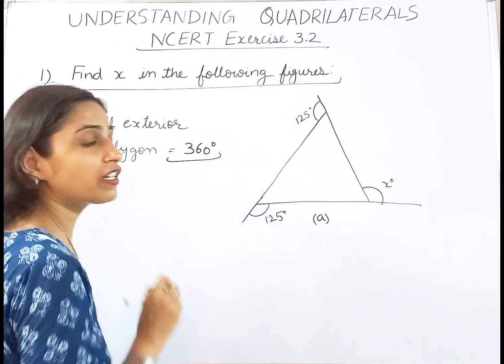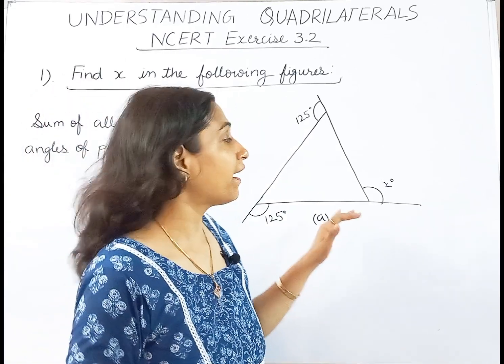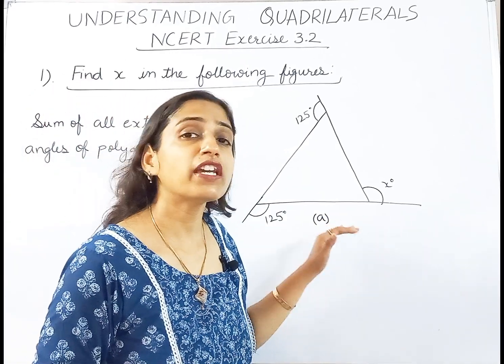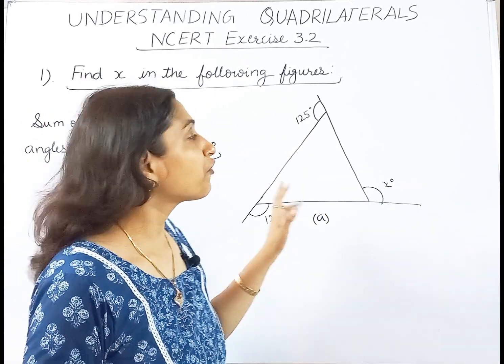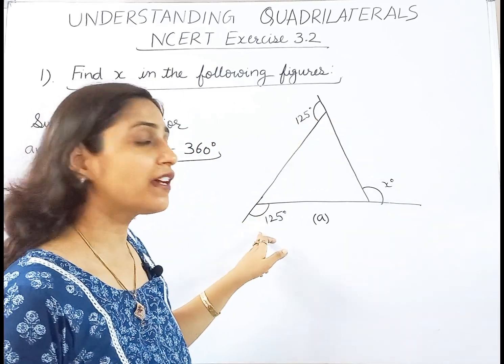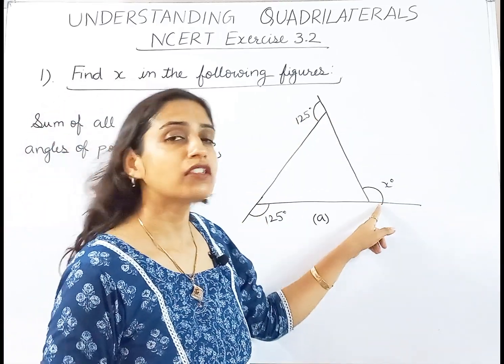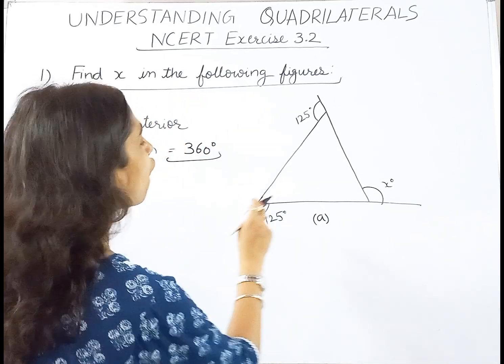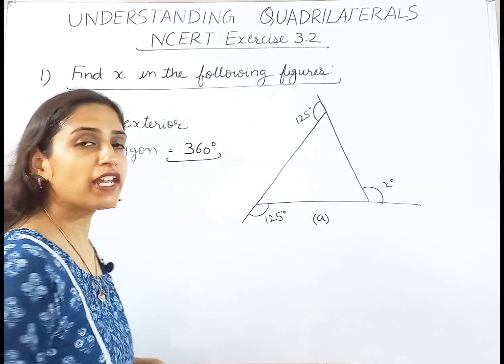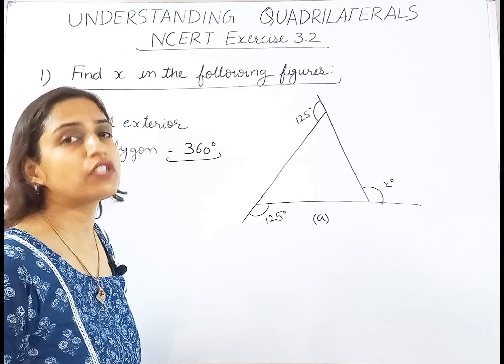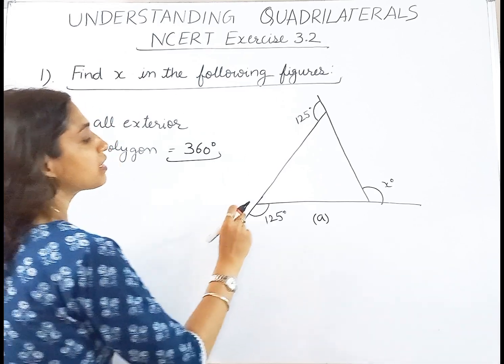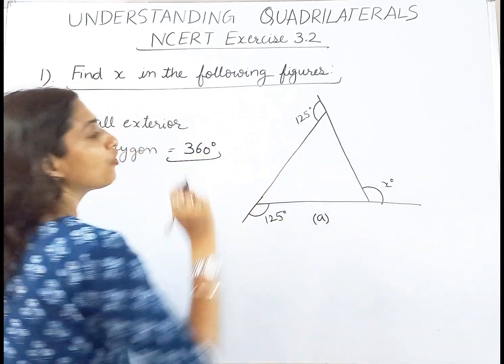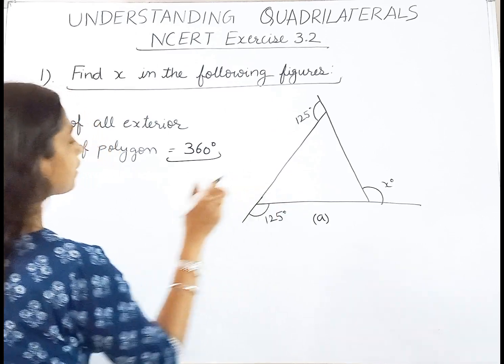The given figure is a polygon, and it is a triangle. So there are three exterior angles, and we have been given the measure of two angles and we have to find the third angle. So the sum of these three angles will be equal to 360 degrees.